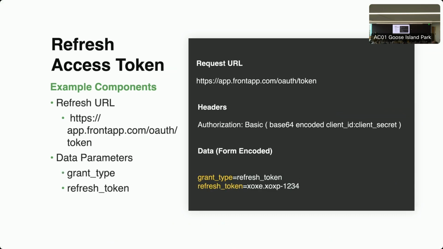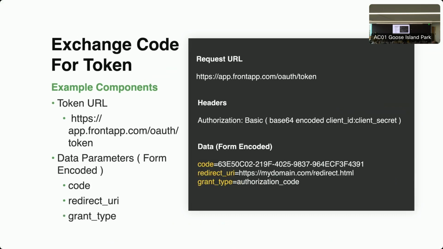And then we're going to pass back the code, the redirect URI, and the grant type. The grant type just refers to the type of workflow that we're using. In this case, it's authorization code. We got back a code.